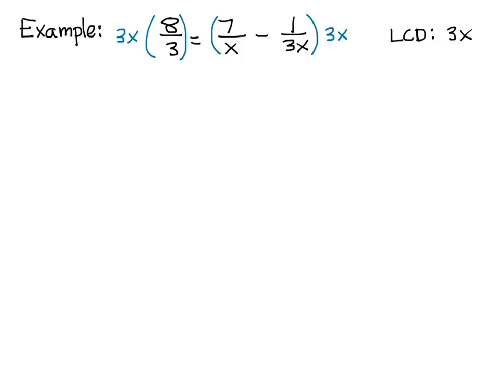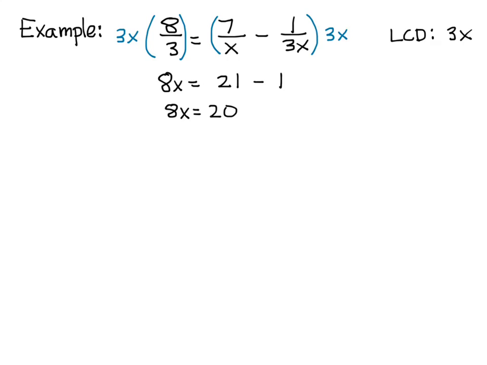And so in that first 3x times 8 over 3, the 3's cancel and we get 8x. And then on the second part, 3x times 7 over x is just 21 because the x's cancel. And then minus 1 over 3x times 3x is 1. Okay, so here we have a straightaway equation now, no ratios.